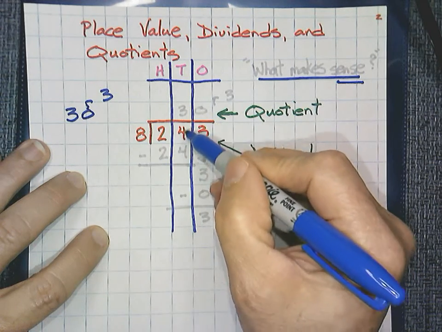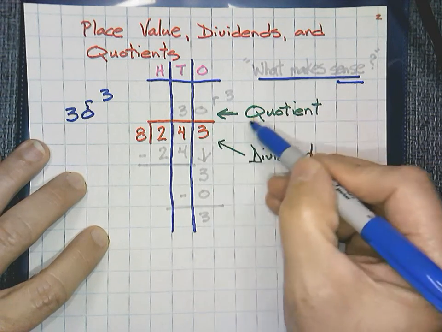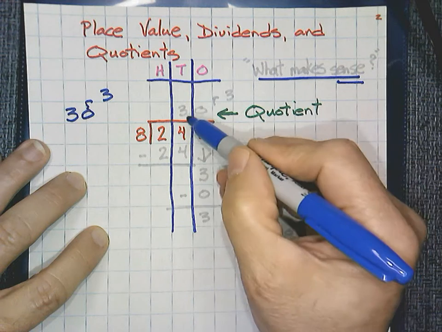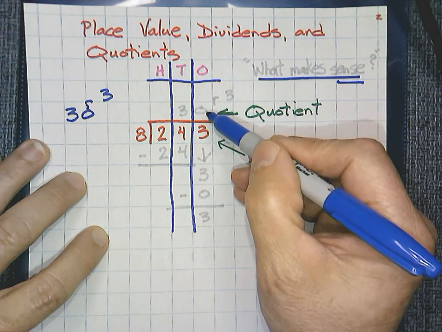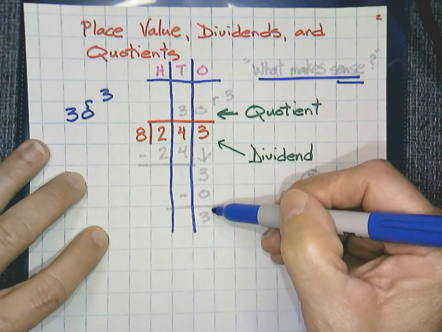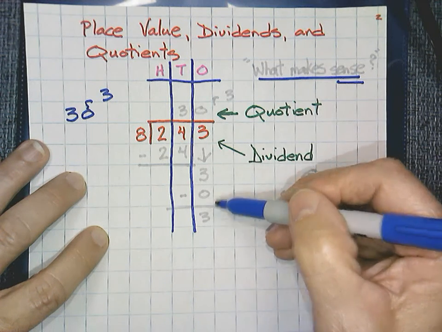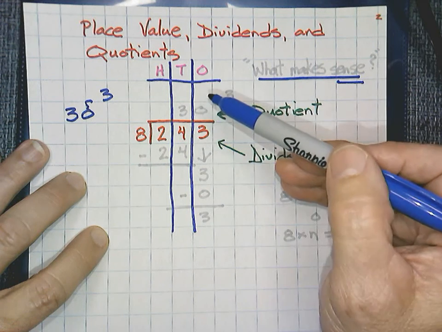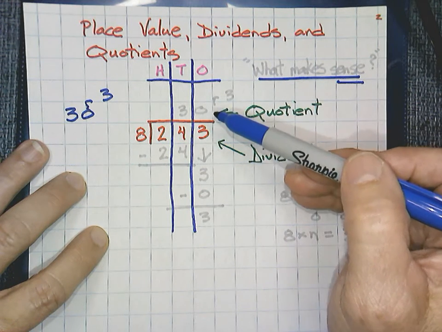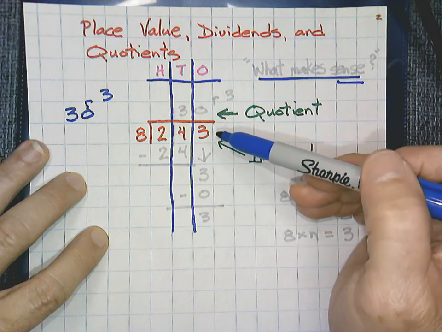So when you are in the habit of writing your quotient in the correct place value, that is a clue that there was another digit there. And that would be another way to help you solve that problem. So again, keep your place value in mind. If you develop good habits, that will help you on this kind of tricky problem.